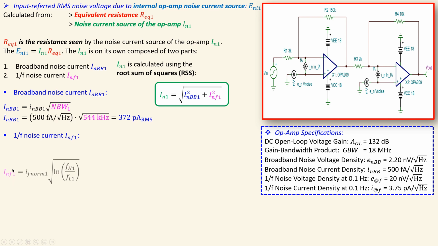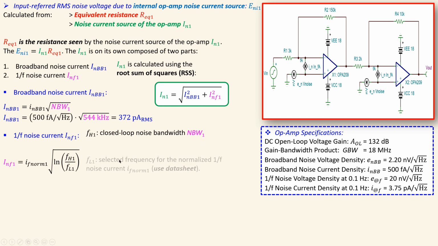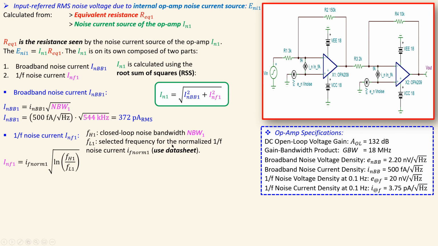Now for the 1/f noise current, you have a similar expression as we did for the 1/f noise voltage. Again, the upper cutoff frequency as the noise bandwidth, the lower frequency as our normalized 1/f noise value for this specific value using the datasheet, and also we will here use 0.1 hertz as the f sub L1, and that is shown here, 3.75 picoamps.